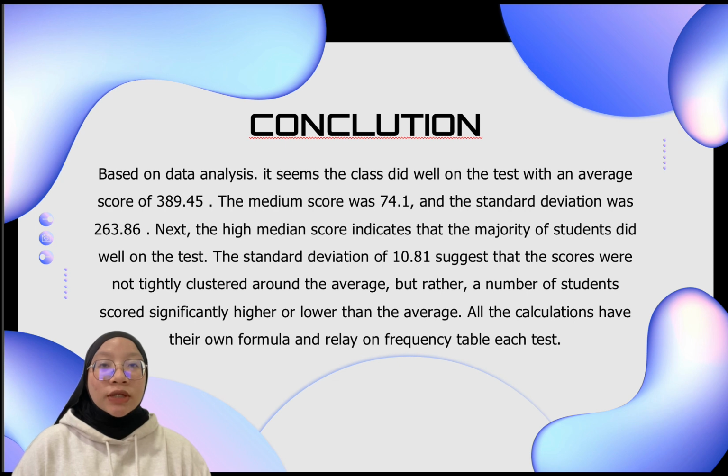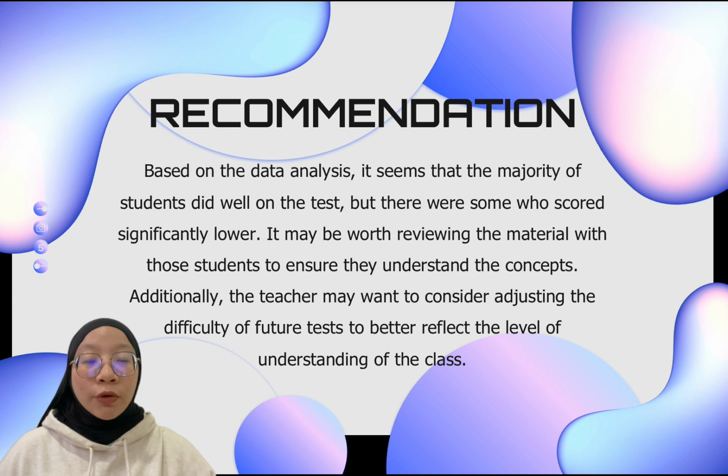The standard deviation suggests that the scores are not tightly clustered around the average, but rather a number of students score significantly higher or lower than the average. The conclusions have their own formulas and rely on the frequency table of each test.